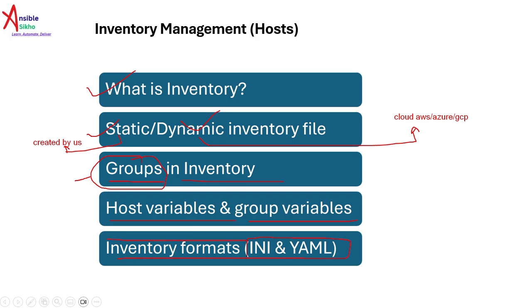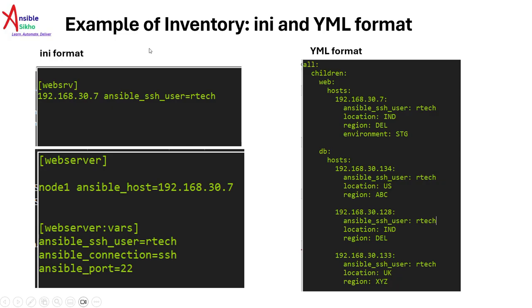In the next slide, I'm going to show you this. So here is an example of inventory in the form of INI and YAML format. This is INI format and this is YAML format. This is what is called groups.